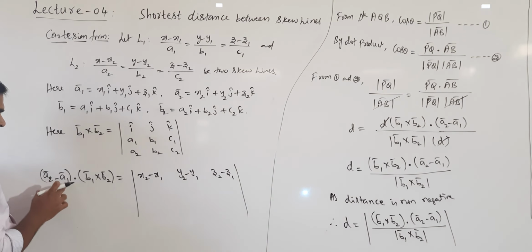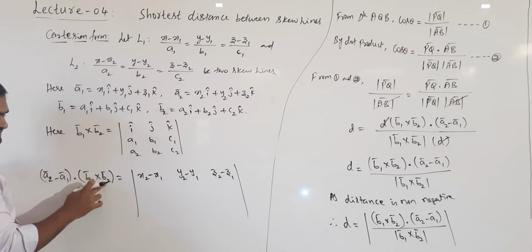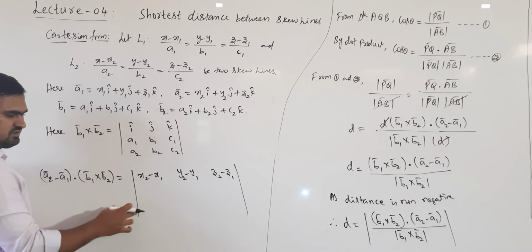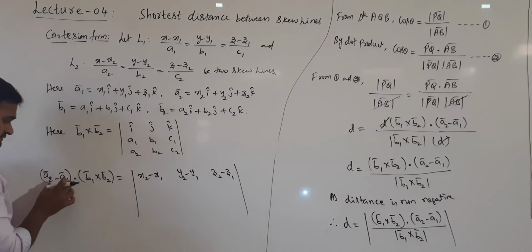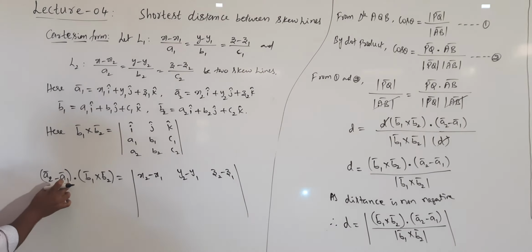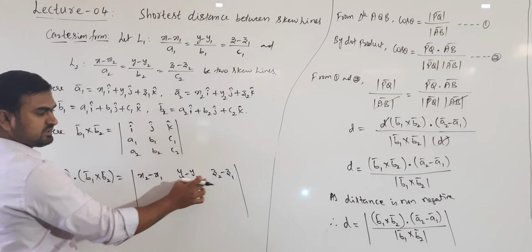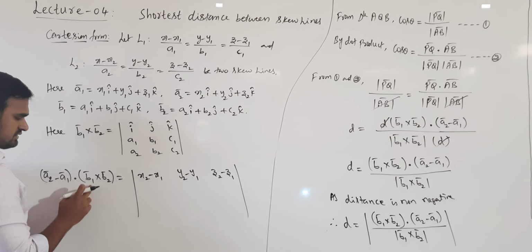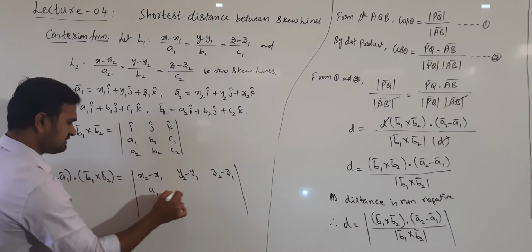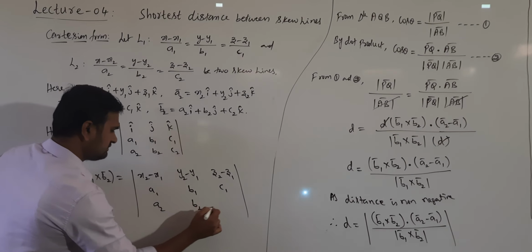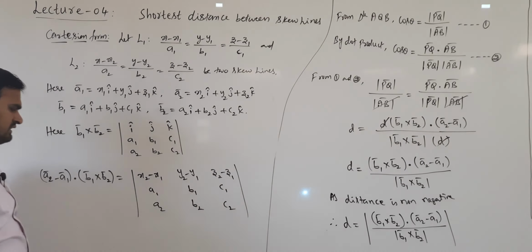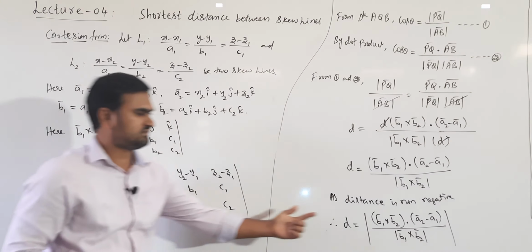So whenever we have triple product, it is first vector dot cross product of these two. So this value can be determined by using determinant of components of the first vector. a2 minus a1 components are x2 minus x1, y2 minus y1, z2 minus z1. Then components of second vector, it is a1 b1 c1, a2 b2 c2. So this is what numerator we have.